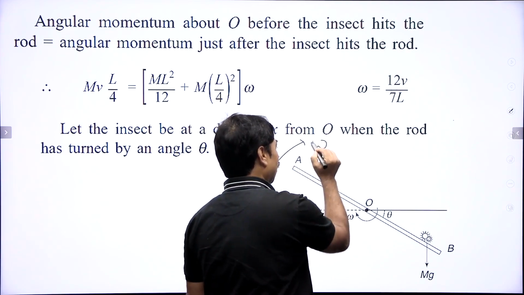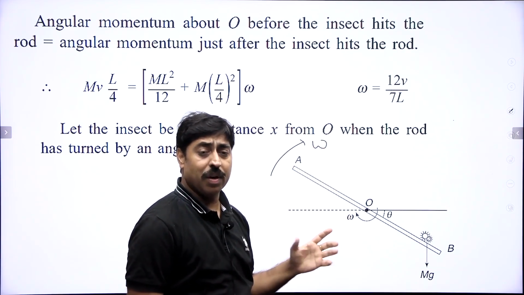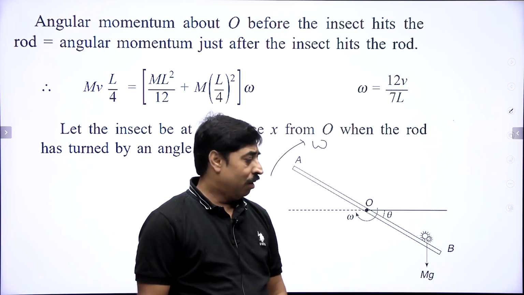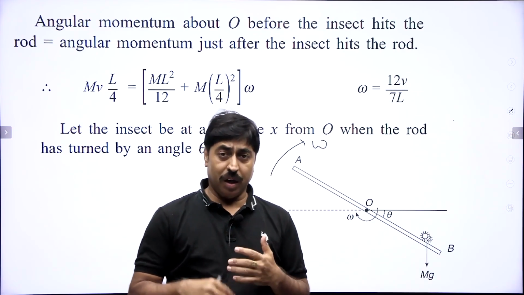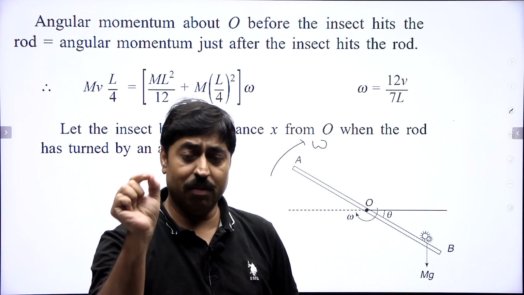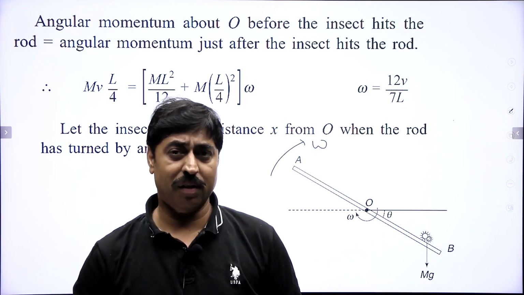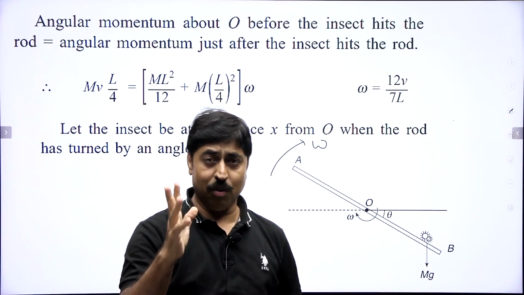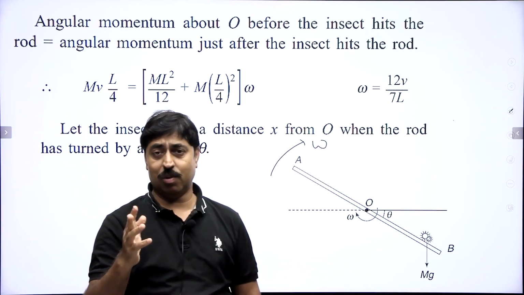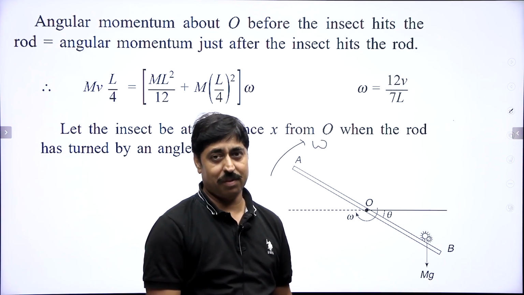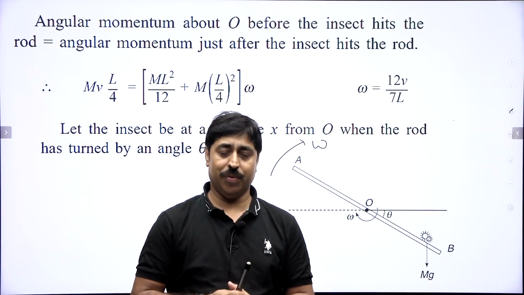Suppose there is an observer who is located in a reference frame that is also rotating with angular speed omega. Then, apart from the real forces acting on the insect, there is centrifugal force acting on the insect, right? Very good. But I don't know whether all of you have heard about it or not, but there is another pseudo force acting on the insect in this reference frame, that is Coriolis force.